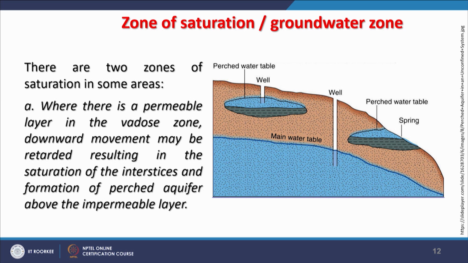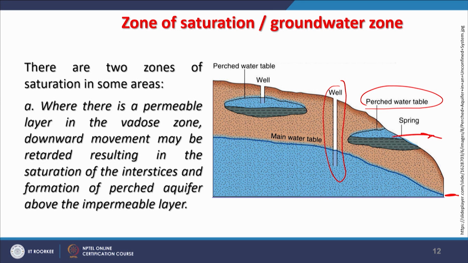If I dig a well in that part, then at a very low depth I can get water, whereas in normal conditions I get water at this depth, and in perched water table conditions I may get water at this depth because the spring is coming out. It is a special topographic arrangement where the water table is cut by the topography. So, I may get a spring here, and because of this perched water table only a small zone is there where the saturated zone is, from where I get the water.